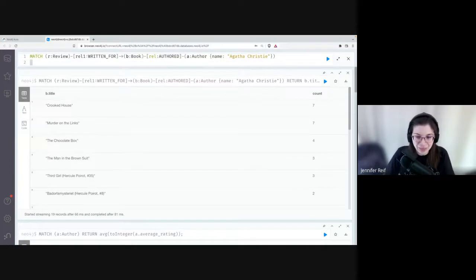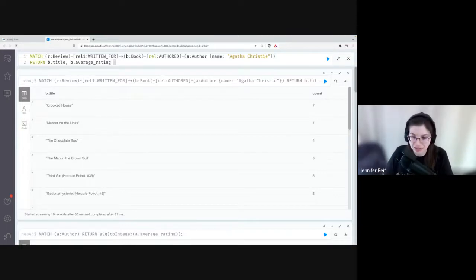And so we can write something like this: return the book title, and then we'd want to pull the book's average rating. And of course, this average rating could update if we added more reviews and real-time data coming in. We could update these properties, or we could recalculate these properties in real time as well.